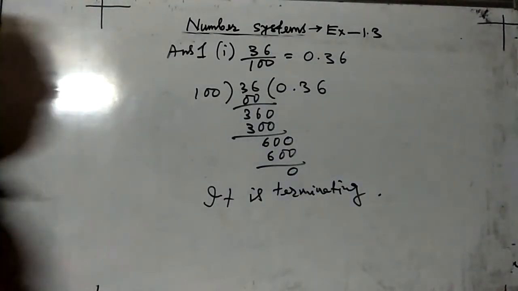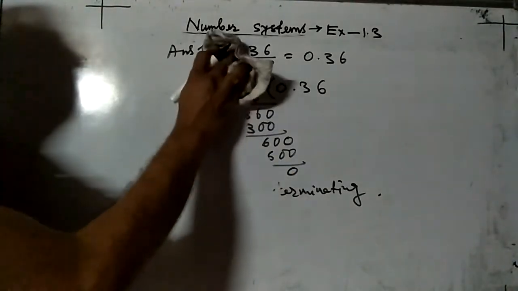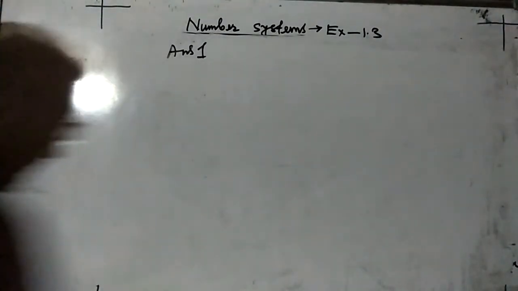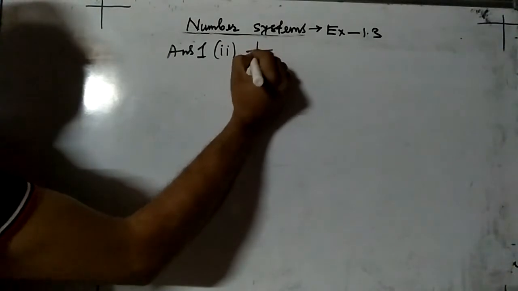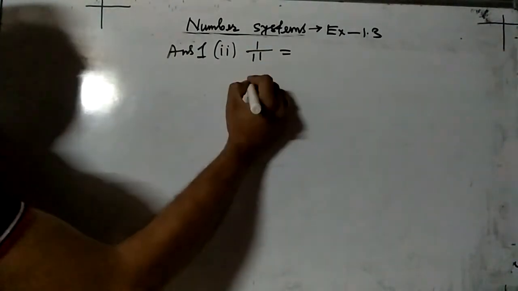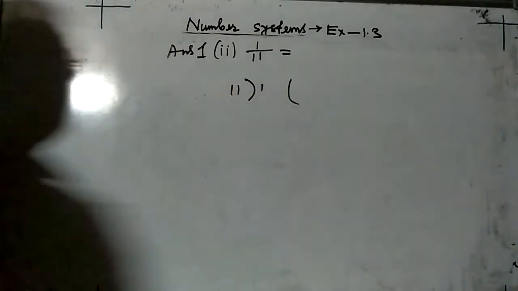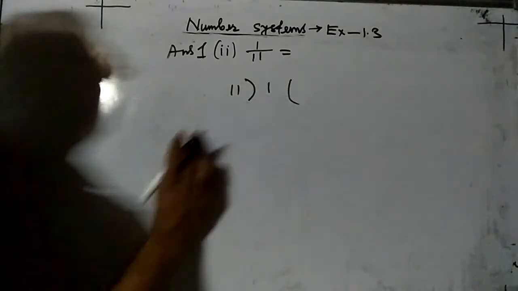Now the second answer. Write down, everyone. The second part is 1 by 11. Express this in decimal form. If we divide 1 by 11, 1 is smaller than 11, right?